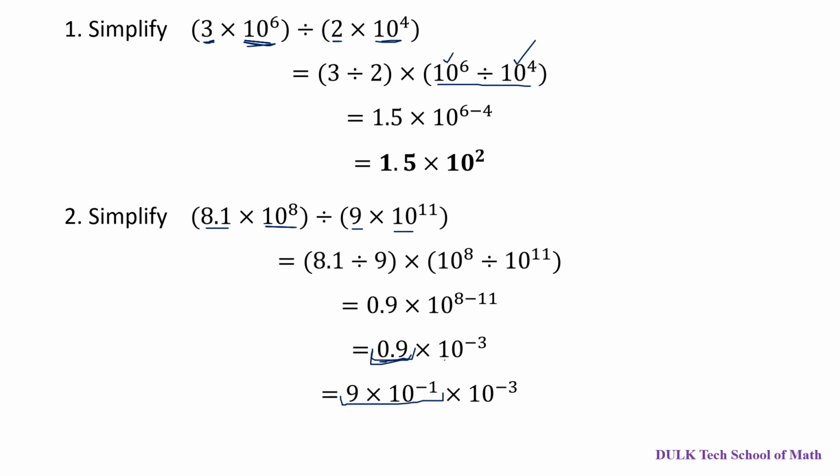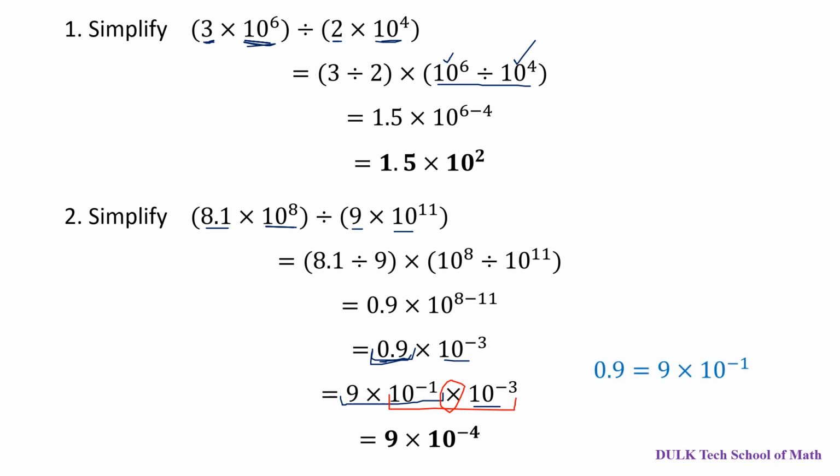Then this 10 to the power minus 3 stays as it is. Now we are multiplying 10 to the power minus 1 and 10 to the power minus 3, so we simply add the powers according to the laws of indices. It will be 9 times 10 to the power minus 1 minus 3, which is minus 4. As simple as this.